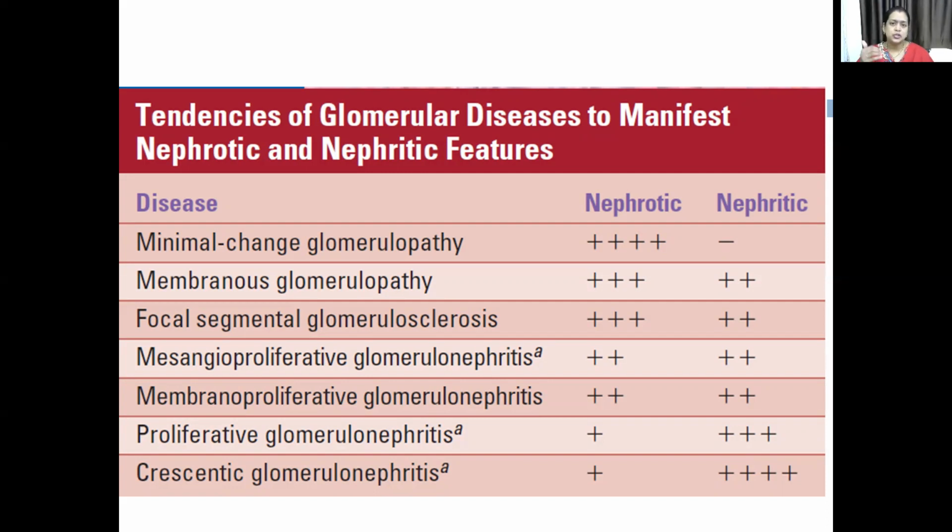Then the other one is tubulointerstitial disease. Tubulointerstitial disease can be a result of direct injury by a toxin or it can be related to the glomerular injury.